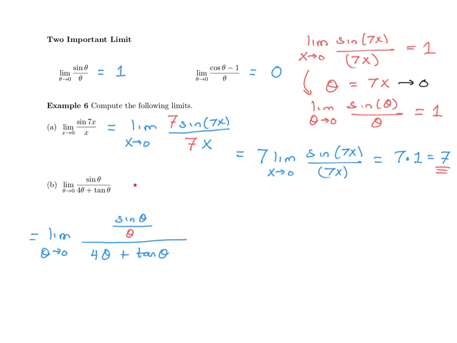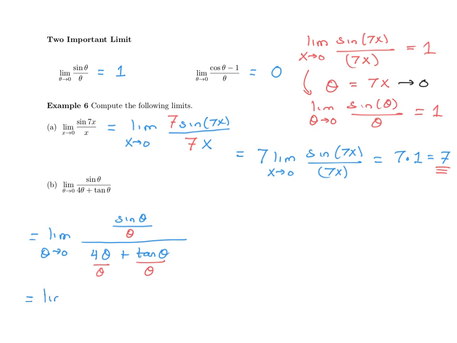These two things are not equivalent. But what could I do to actually make this equivalent to this? If I divide everything in the top by theta, I must also divide everything in the denominator by theta as well. This whole fraction and this whole fraction are now equivalent because I did the same thing to the numerator and the denominator.